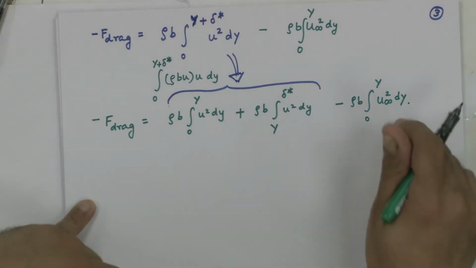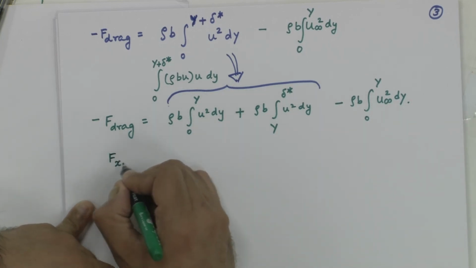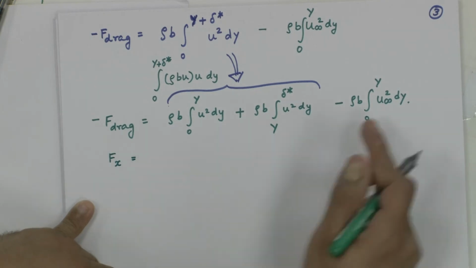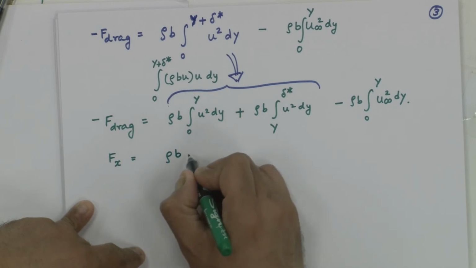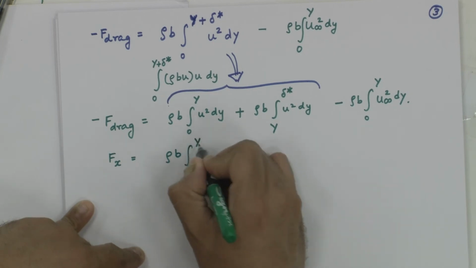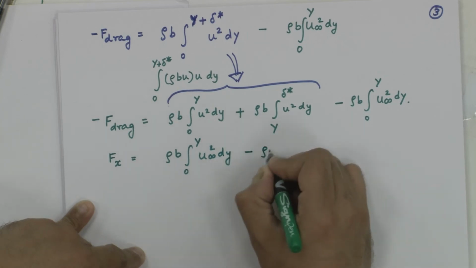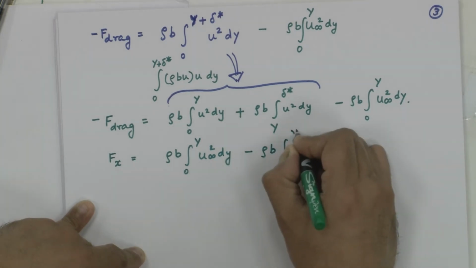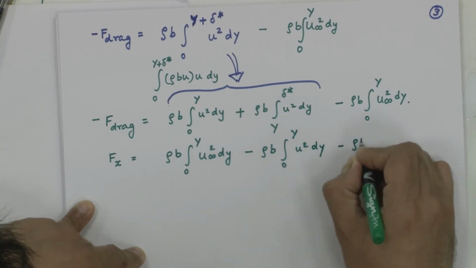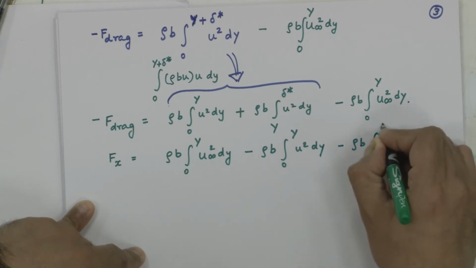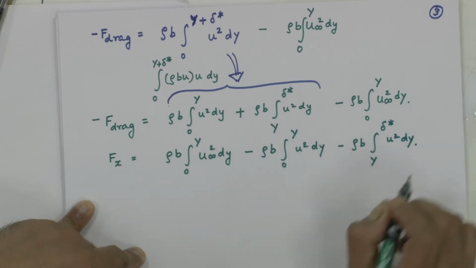Okay. So, I will change the sign. So, F of x is nothing but, positive, rho b integral 0 to capital Y u infinity squared dy minus rho b integral 0 to Y of local u squared dy minus rho b integral capital Y to Y plus delta star u squared dy.